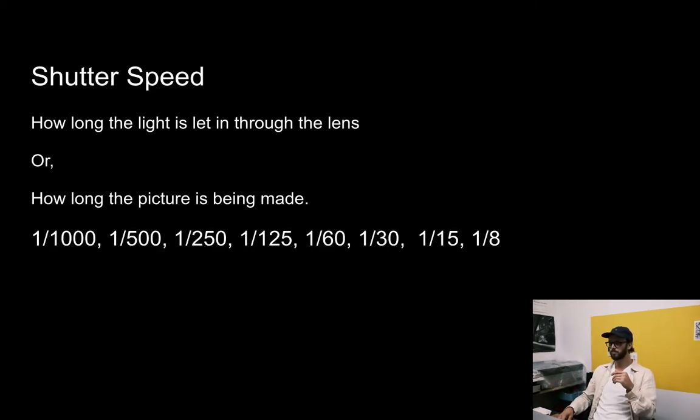Same thing, okay? So we will look at our camera's shutter and we can move it around and we'll start to see it goes from, this is a very small section, what I'm showing you right now, of different shutter speed times. But what I'm showing you right now is, again, just like aperture, they work in whole stops.